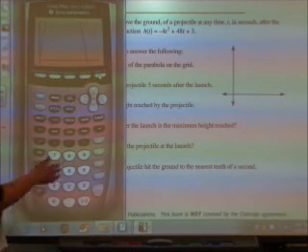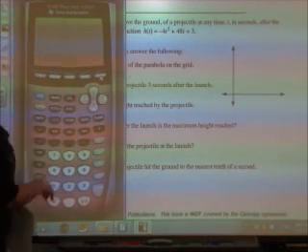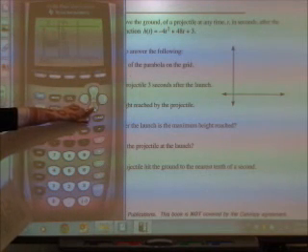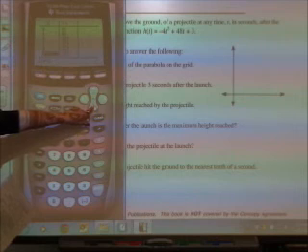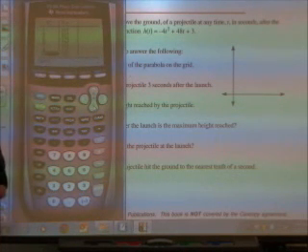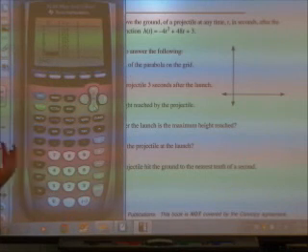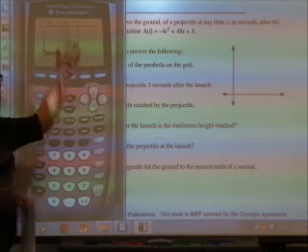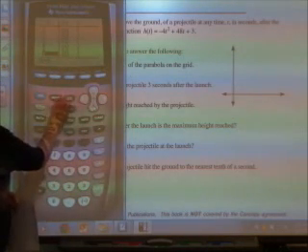The other thing that I could do is look at my table. When I look at my table, after 6 seconds, I have a height of 147, and then at 7 seconds, it comes back down to 143. So that tells me I'm going to go up to almost 150 meters.